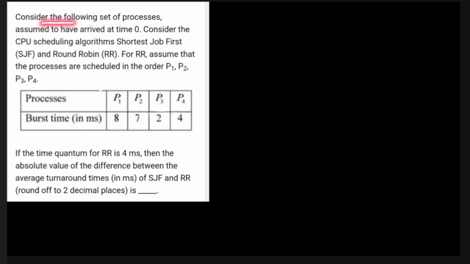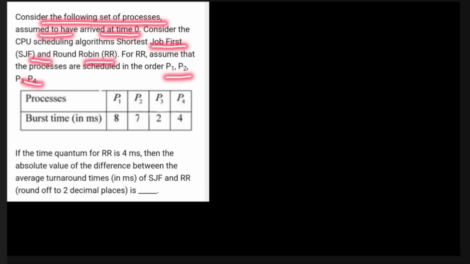Consider the following set of processes, assumed to have arrived at time 0. Consider the CPU scheduling algorithms shortest job first, SJF, and round robin. For round robin, assume that processes are scheduled in the order P1, P2, P3, P4.